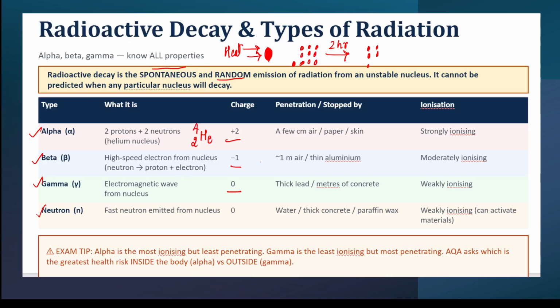Beta is nothing but an electron, so -1E0. We know that the approximate mass of an electron is 0, so that's why it's 0. Gamma has no charge, no mass, because it is an electromagnetic wave. Go ahead, pause and read it.